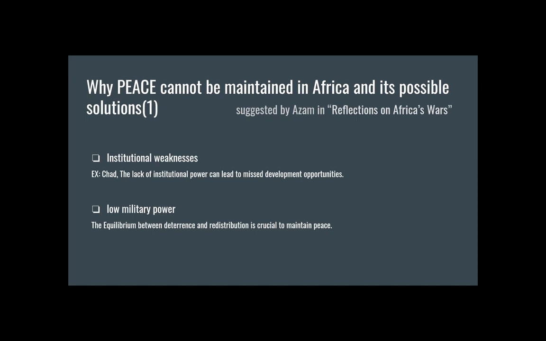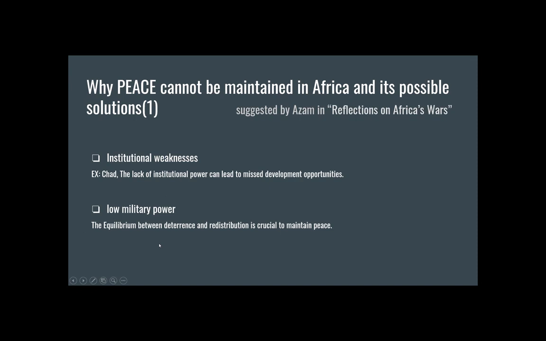The lack of that can lead to missed development opportunities. One example is Chad, where a sizable oil reserve was discovered in 1974 but was only exploited nearly 30 years after. The second reason is related to low military power.